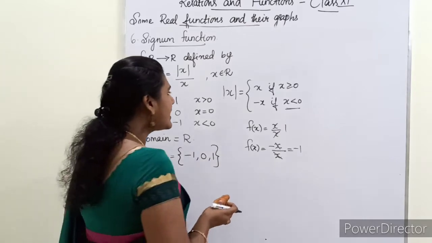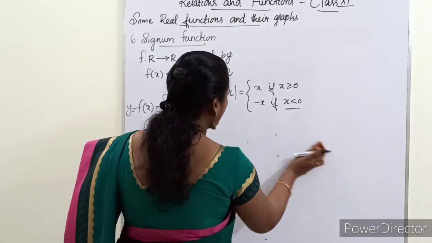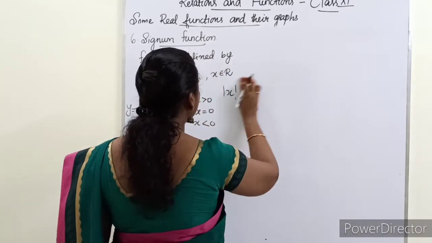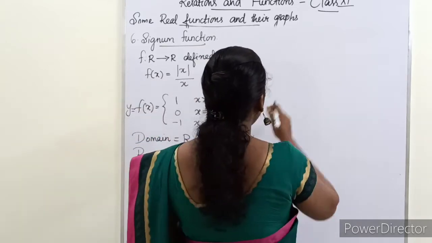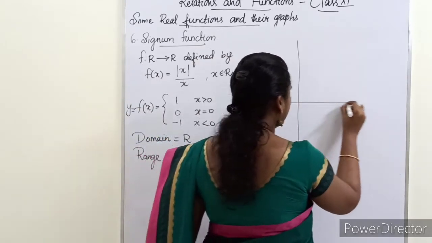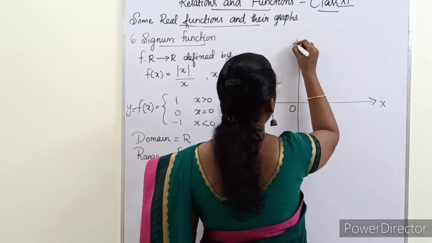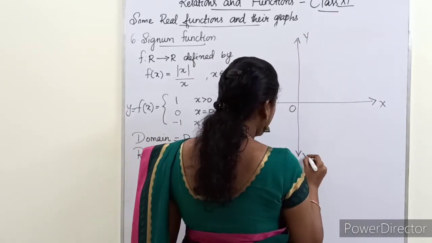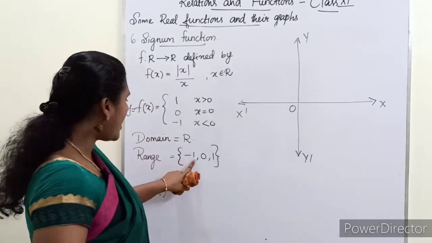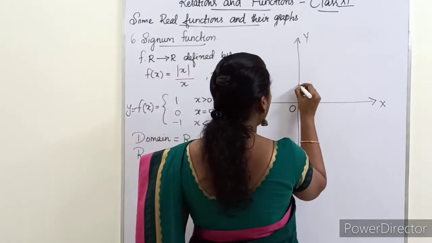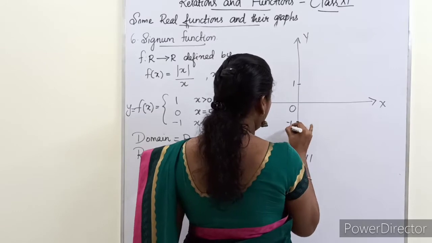Now we will see the graph of this function. So it's very easy, the graph of this function. Actually we'll draw the x-axis and y-axis. X dash, origin, y dash. In y we need to mark only these 3 points, 0, 1, minus 1.